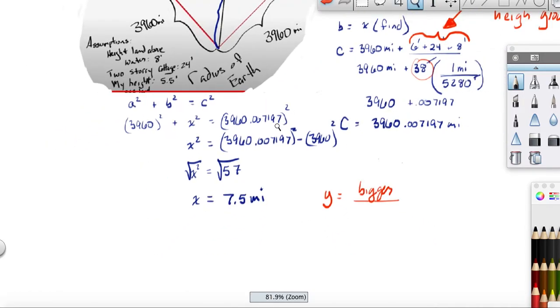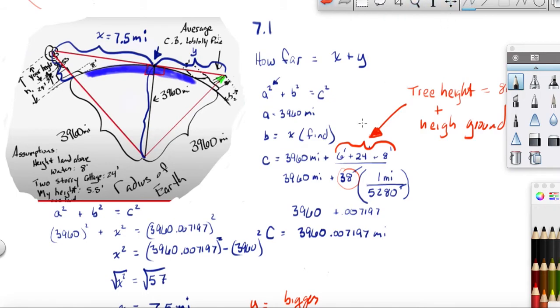Why is that? Because the height is more. We're at 88 feet instead of 38 feet. So we would expect that this distance would be even longer, even though the drawing doesn't show that. The height of this tree here really is much taller than the height Mac is here.